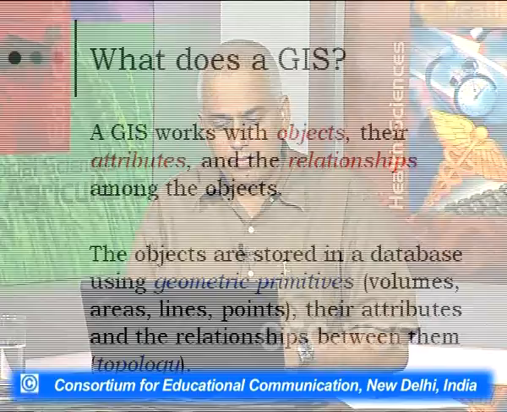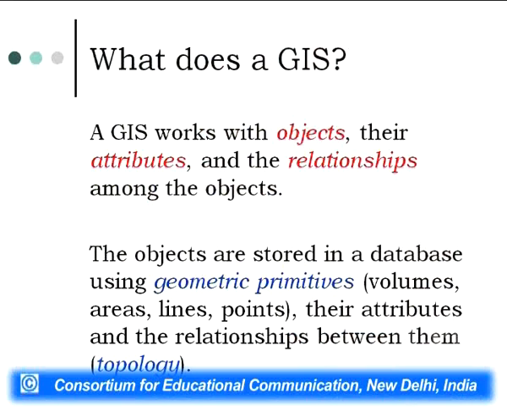So a post office could be represented as a polygon, as a building, whereas the trees could be represented as a point symbol. And the approach road that you have followed could be used as a line feature.